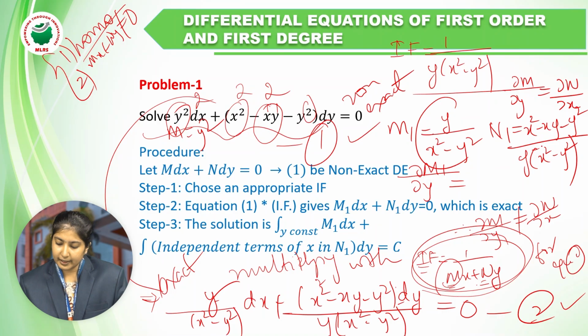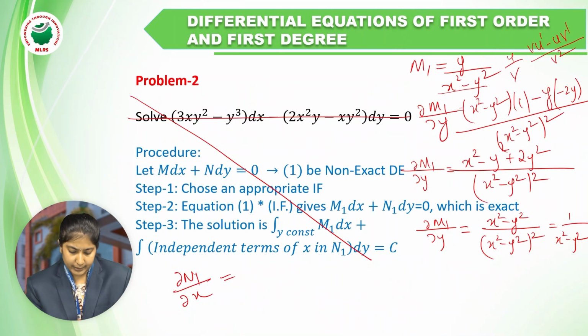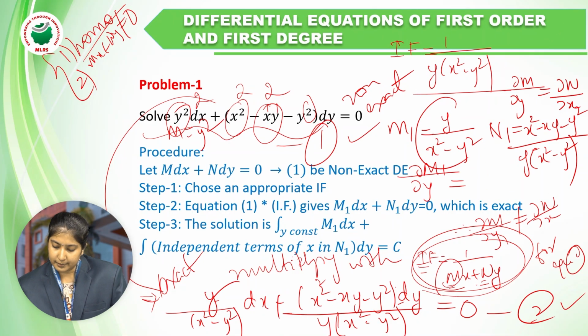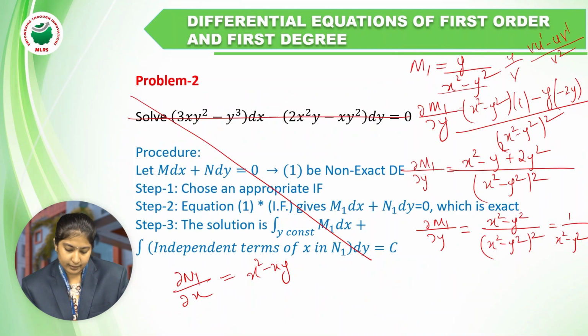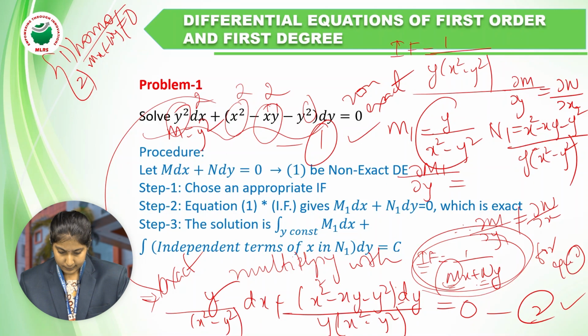So what is N1 here? x square minus xy minus y square, it is a little bit big, but no issues, we can do it. Continuing, there was a little confusion previously here.